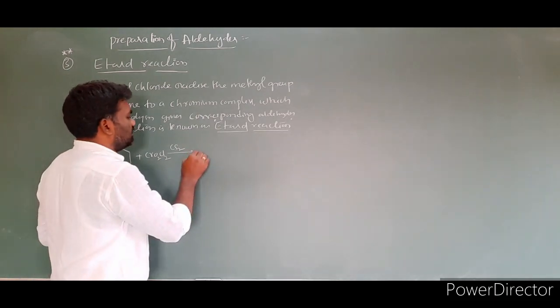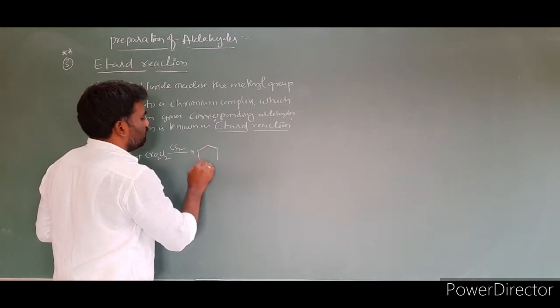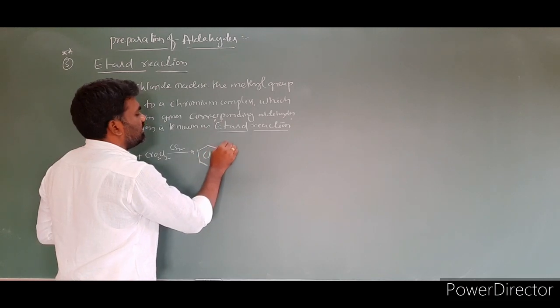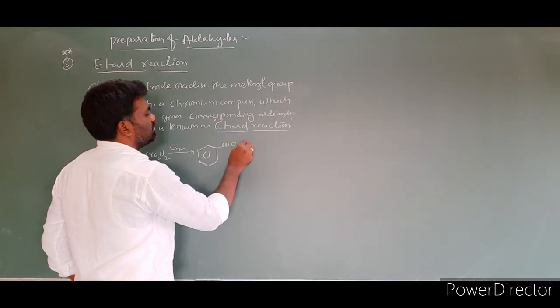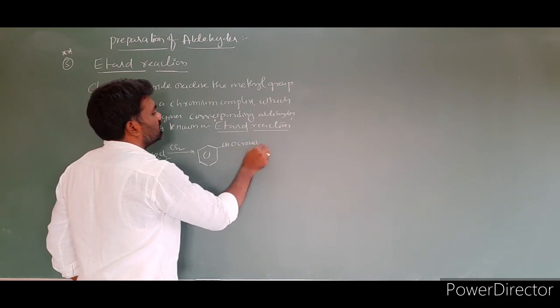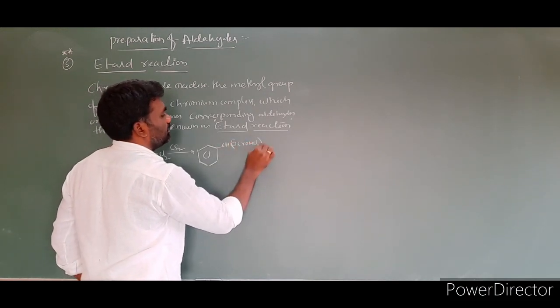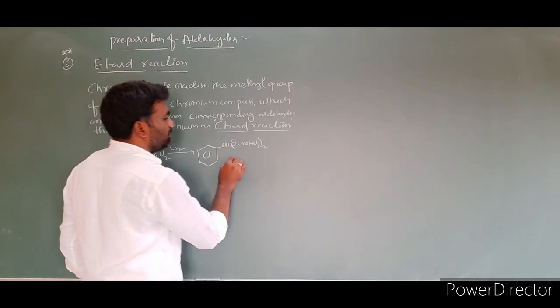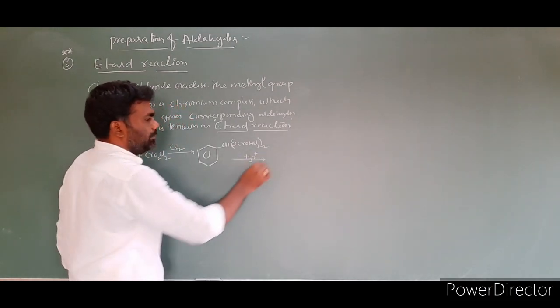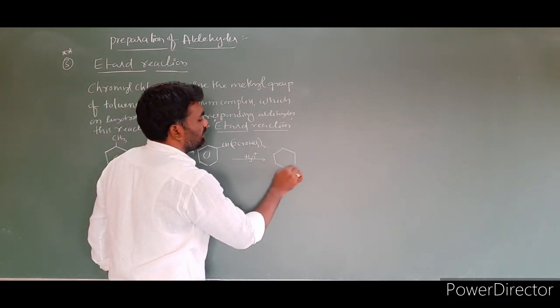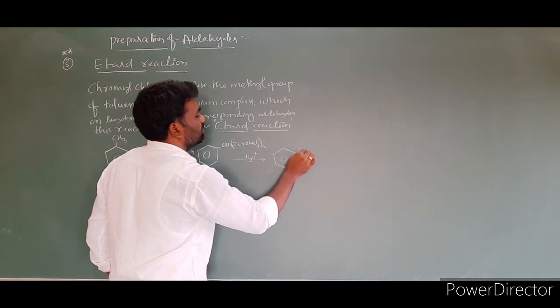Then the product is CH, and to this we add CrOHCl2 taken twice. So this is the chromium complex that is formed. Upon hydrolysis, H3O plus, the product is benzaldehyde, CHO.